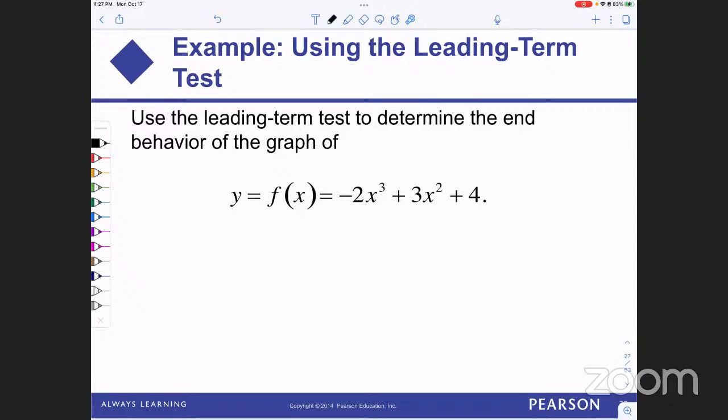The leading coefficient is going to be the number in front of the term with the highest degree. So what's the leading coefficient? -2. There it is. So our leading coefficient is -2, which is negative. And can you tell me the degree of this polynomial?